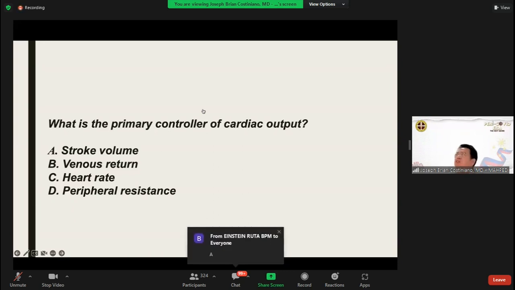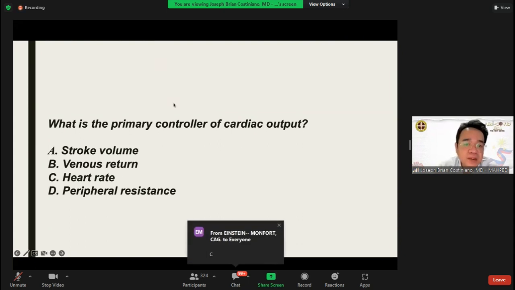Oh, kasi yung tinatanong niya, no? Actually, ito naman lahat eh. All of this will create changes in your cardiac output, but the question is primary. So ibig sabihin, just small or large changes in this value will alter greatly your cardiac output.